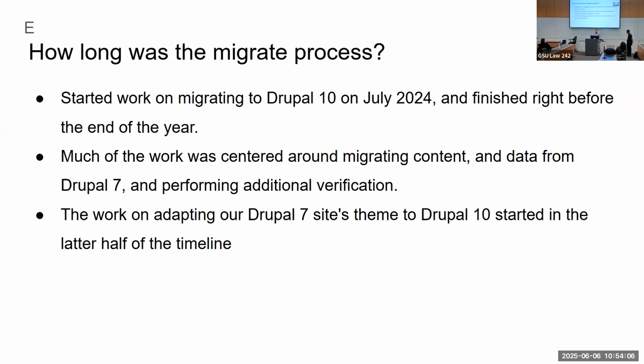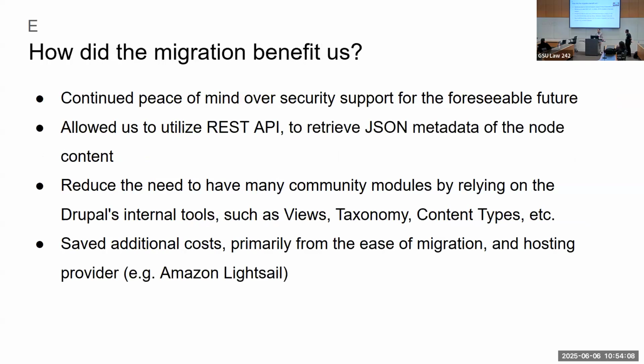So really appreciate that. And the benefits of this API, the big one, a huge one, as Vivek already touched on, is being able to get a JSON representation of our content just out of the box with Drupal 10. That was terrific. And Elmer touched on this a little bit yesterday: now you can get your content out of your CMS in JSON through this REST API that Drupal 10 provides.